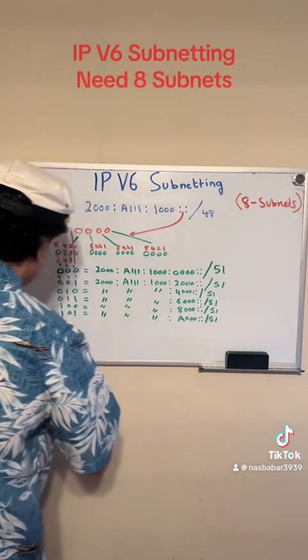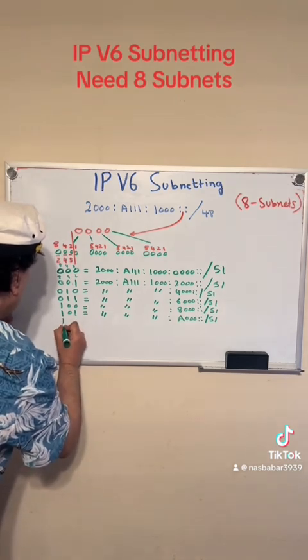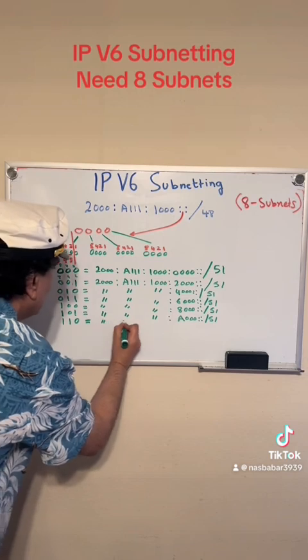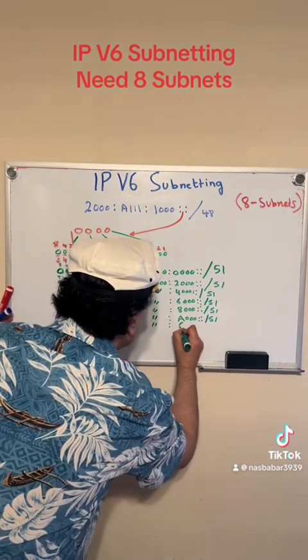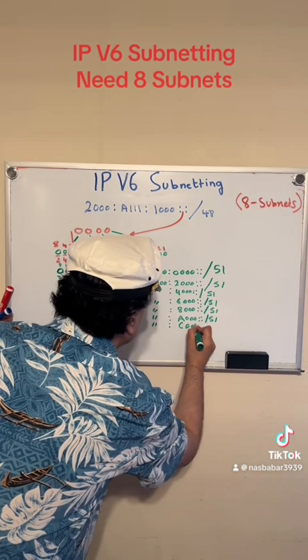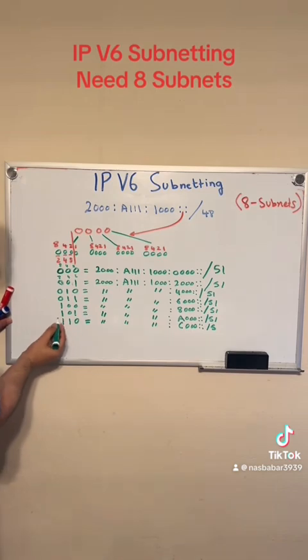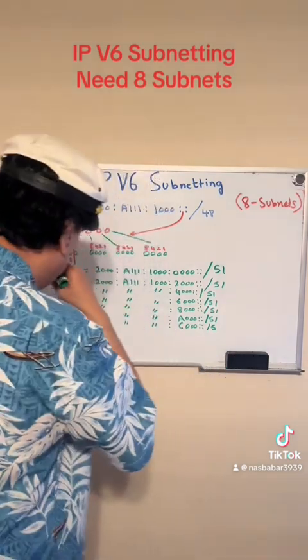Need 2 more. So we got 10. Now we need 1, 1, 0. Same thing. Keep going. C. Why C? Because if you look in there, 8, 4, 12. And in hex, 12 is C. Okay, keep going.